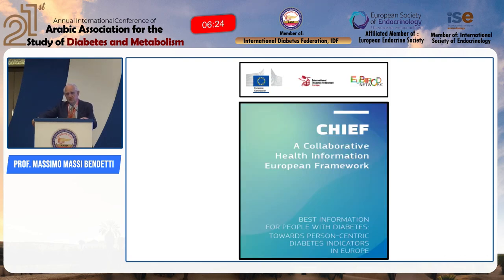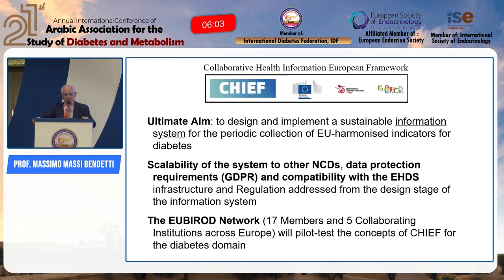This is the scope of a new project, an initiative of the EU Commission, a collaborative health information European framework, which tends to create a condition to realize a European-wide diabetes registry, but not just for diabetes, but also for non-communicable disease. So the ultimate aim is to design and implement a sustainable information system for the periodic collection of EU harmonized indicators for diabetes.